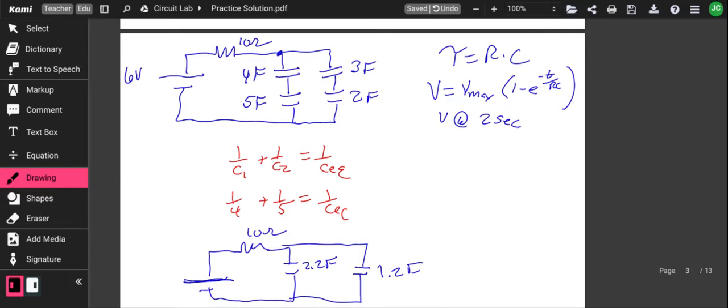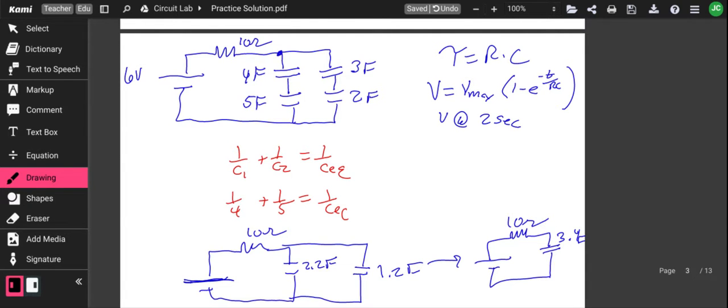So from there, we would combine. We would have our battery, and we would have our 10 ohm resistor, and we would have a single capacitor. Because capacitors in parallel get added together, this is just 3.4 farads, and again 10 ohms.